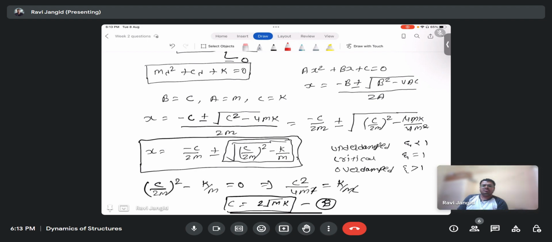But I forgot whether it will vibrate about the mean position or not. No, a critical system will not vibrate. It's more like an overdamped system in that case. It comes to its original position a little bit quicker than the overdamped system. Still, the arrangement is only a matter of time.